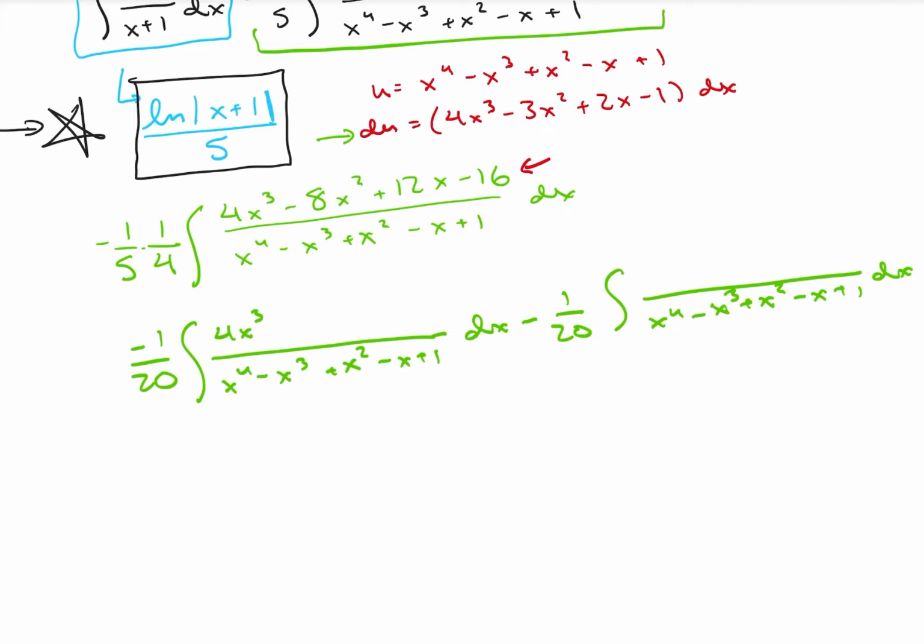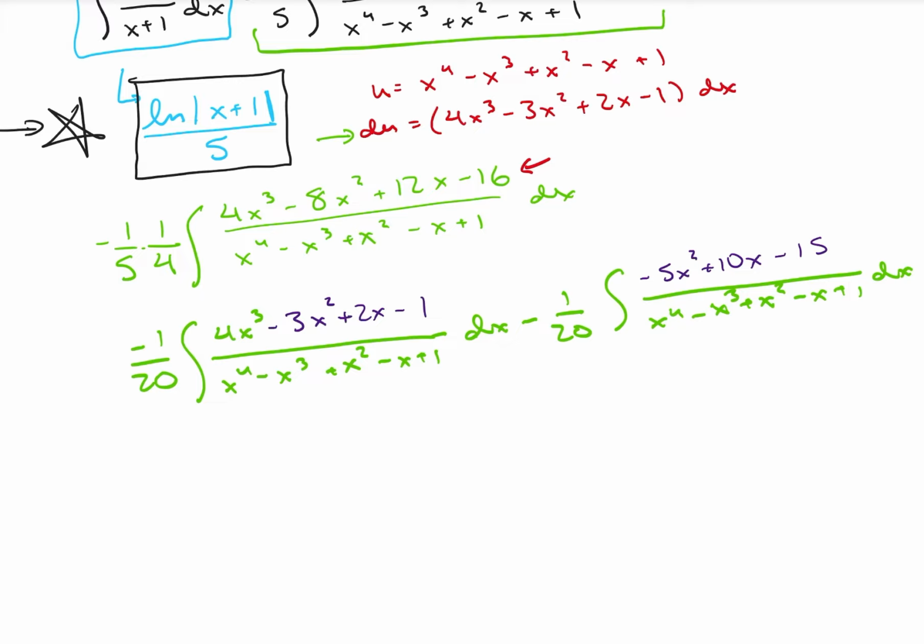But what I'm going to do is instead of writing minus 8x squared, I'm going to write minus 3x squared here and negative 5x squared over here. And same thing for this. Instead of doing plus 12x, I'm going to do plus 2x and do plus 10x over here. I'm going to have minus 1 and then minus 15 over here.